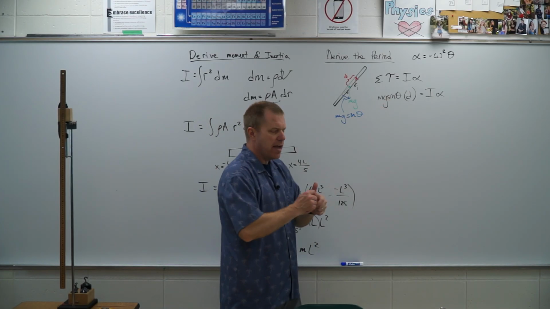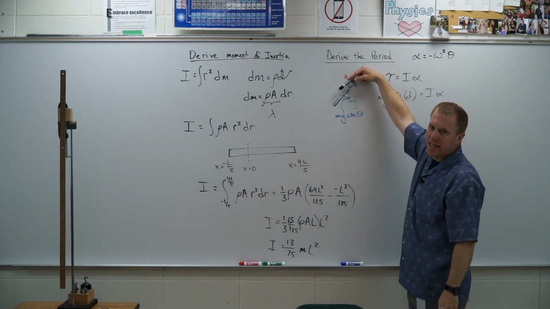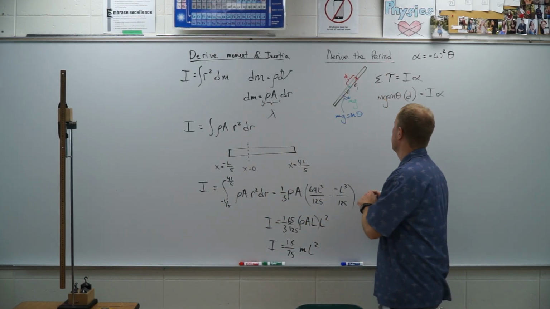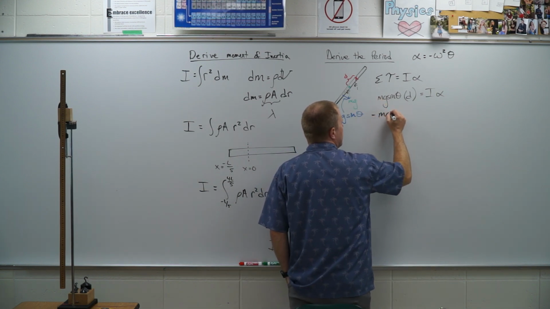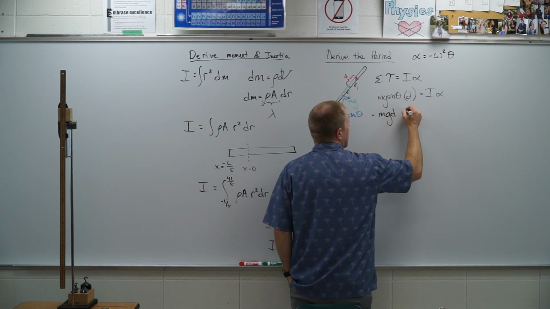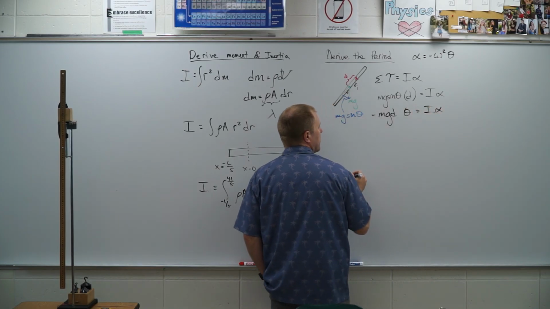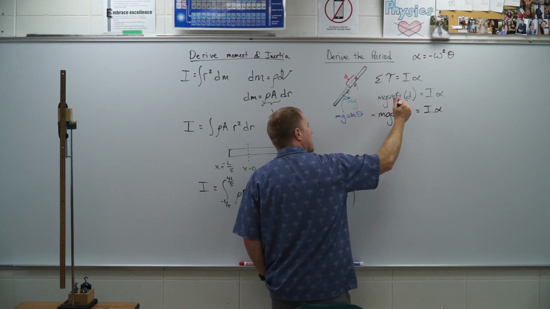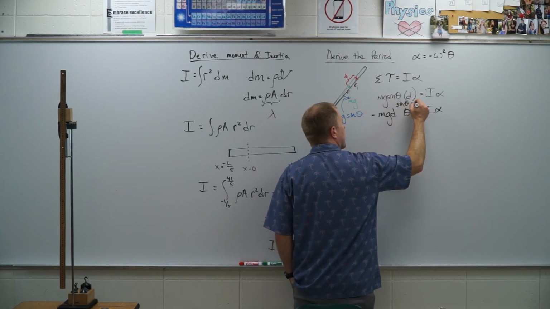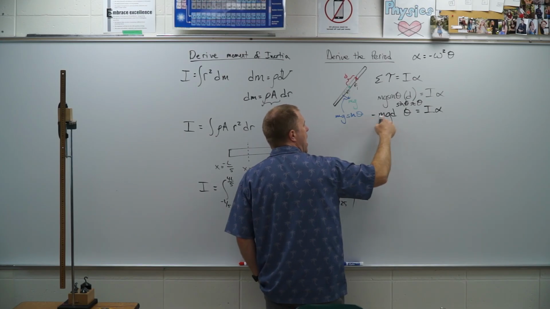When we do that, we need to indicate that if the angle is this way, the torque is the opposite way. So we'll need that negative sign on there. So we end up with negative mgd times theta is equal to I times alpha. Here we made a small angle approximation that the sine of theta is approximately theta, and that theta and the torque are opposites.